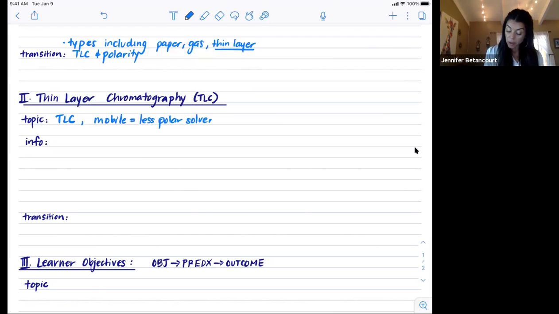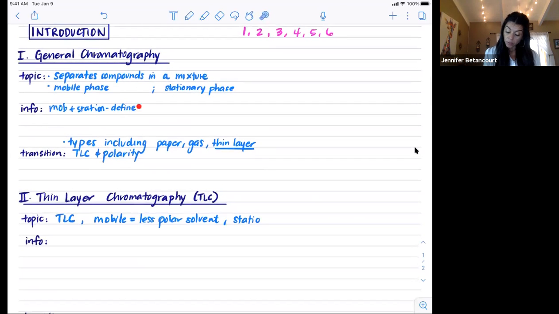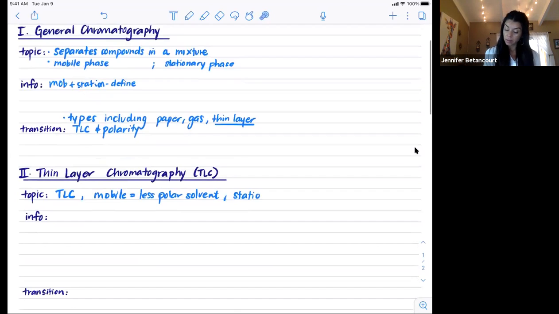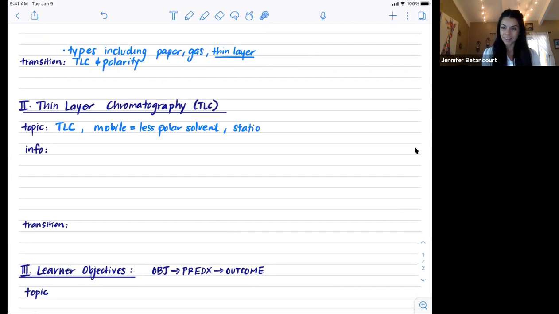Whereas the stationary phase, so you're just defining them. Up here, you defined them broadly. It's a template; just be consistent. Now down here, you're defining them specifically.